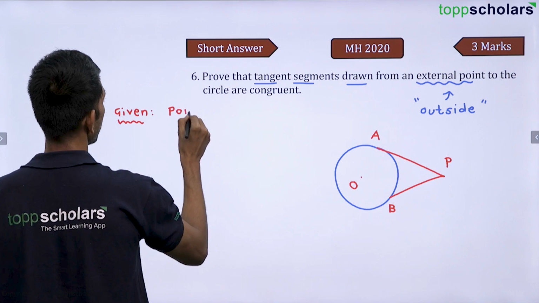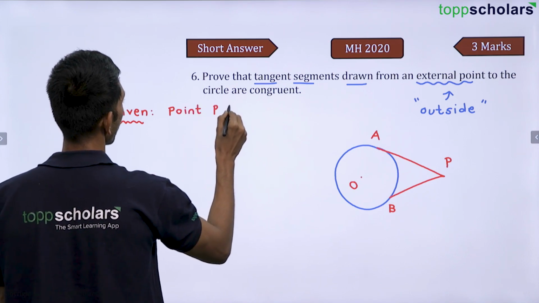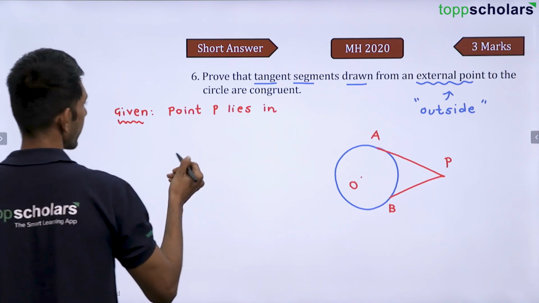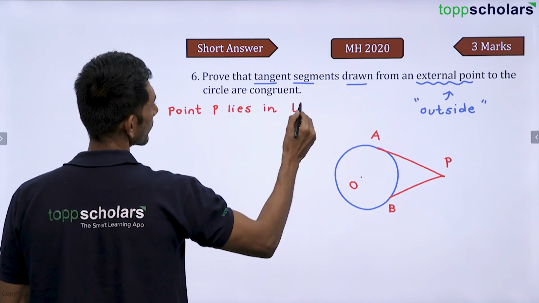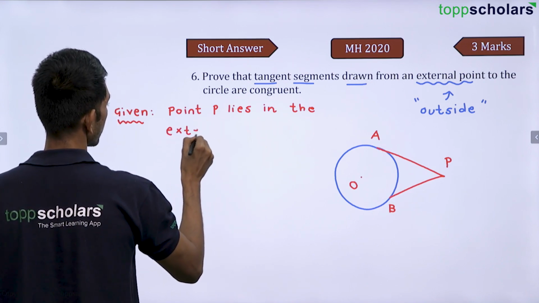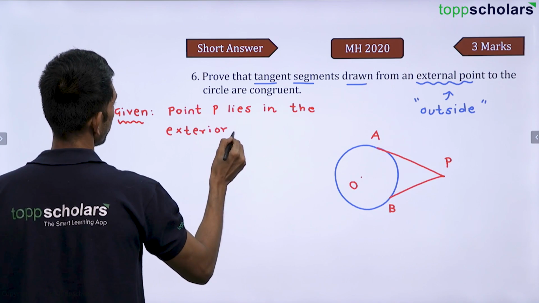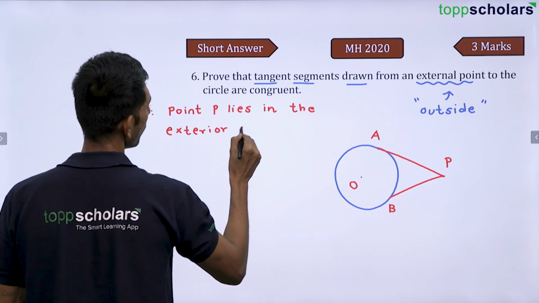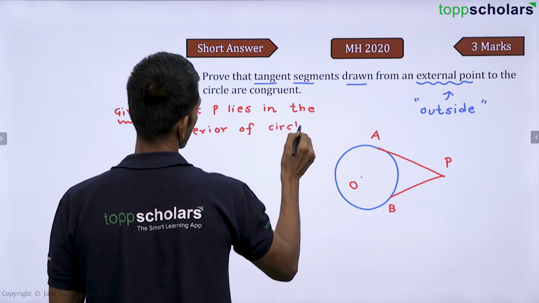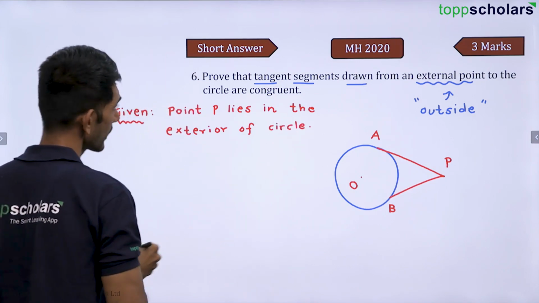You can say point P lies in the exterior, right? Point P lies in the exterior of the circle. Correct?